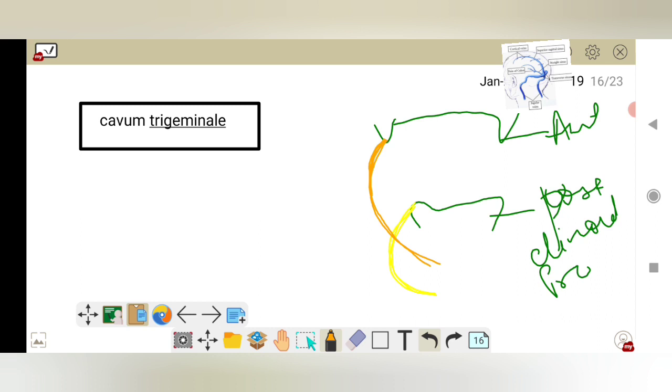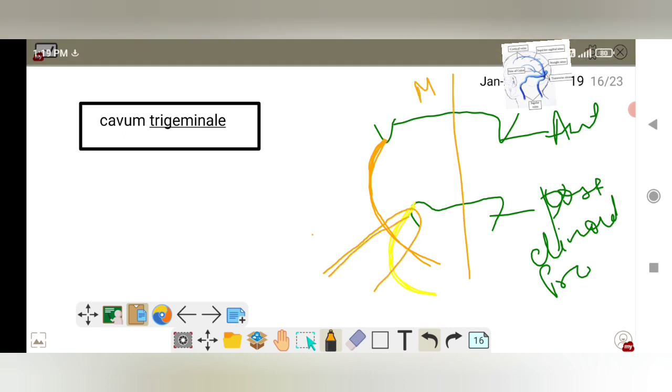little lateral to the area of crossing. This is the petrous part of the temporal bone, this is midline and this is lateral.